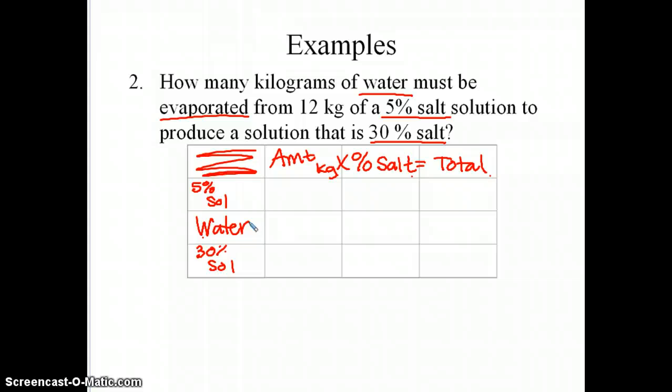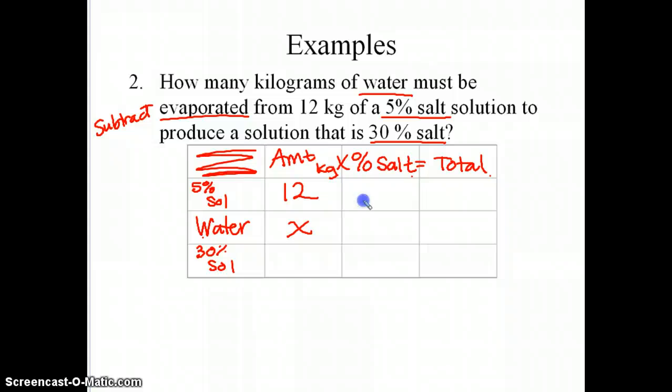I'll start reading and filling in. How many kilograms of water, I don't know, so I'll call it x, must be evaporated. That tells me I'm going to subtract from 12 kilograms of a salt solution to produce a solution that is 30% salt.